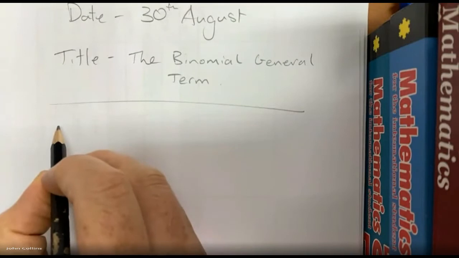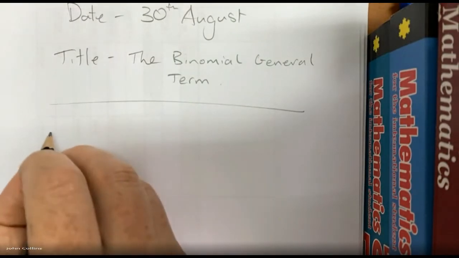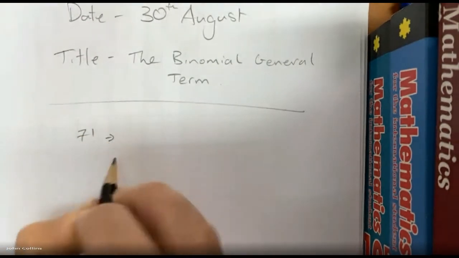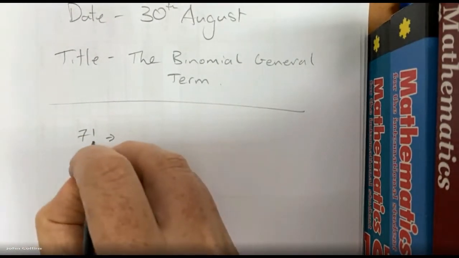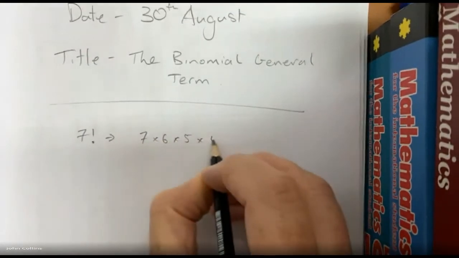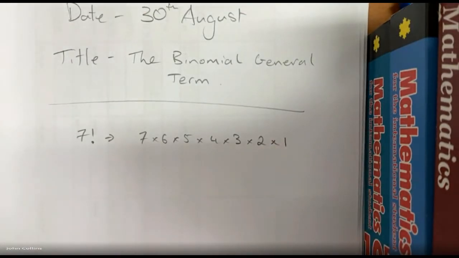Some things we should know from previous lessons is that there's such a thing as a factorial. So 7 factorial, with the exclamation point, is 7 times 6 times 5 times 4 times 3 times 2 times 1. Well, 7 factorial is something we came across the last day.